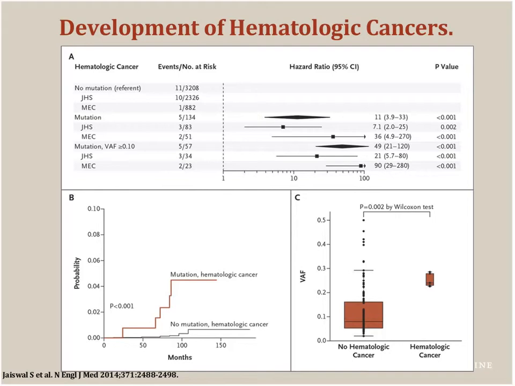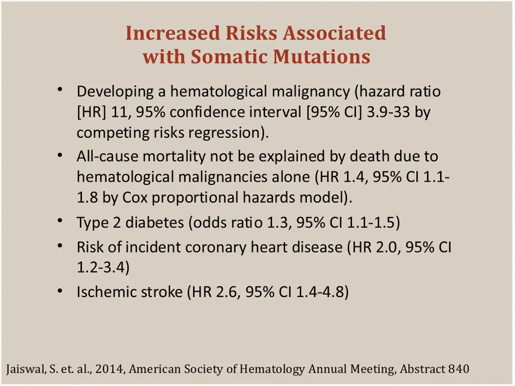And in panel C, this looks at variant allele frequencies, and in patients who had a hematologic cancer versus those that did not, there was a higher variant allele frequency for somatic mutations in patients who developed hematologic cancer. So the finding of somatic mutations increased the risk of developing a hematologic malignancy, as you can see here.